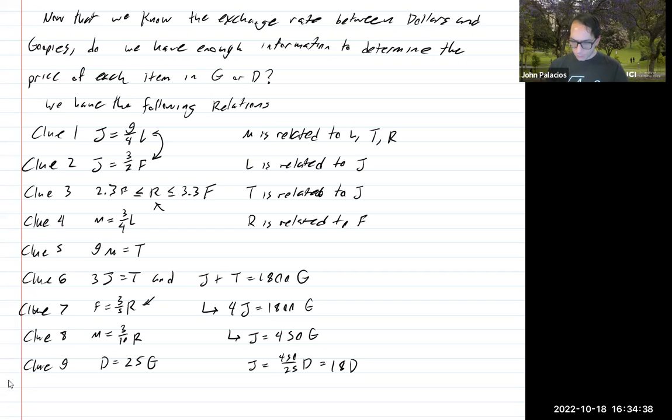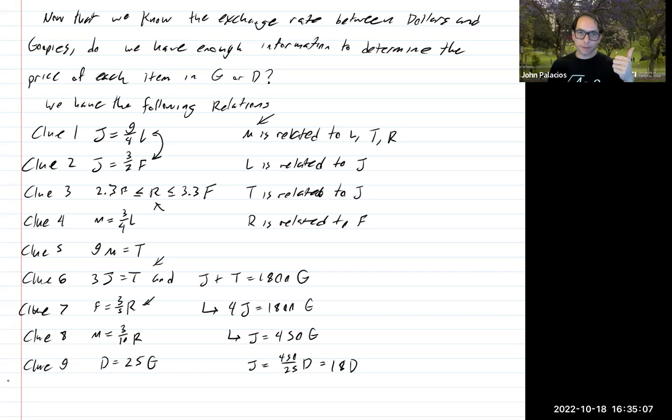Clue number 6 is especially important. But first we need to ask, do we have enough information? For example, we see another variable: the price of a meal is related to the price of a flashlight, a water tank, and a radio.